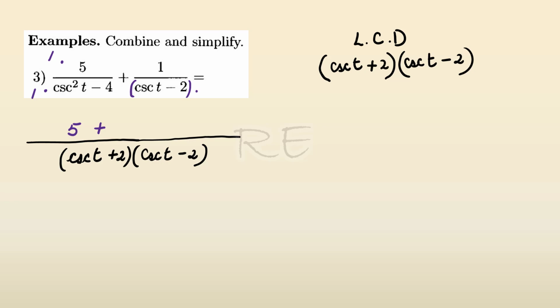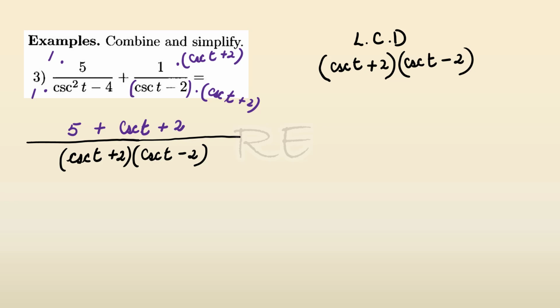The second one, to get the common denominator, we need to multiply by cosecant t plus 2 over cosecant t plus 2. And 1 times cosecant t plus 2 is equal to cosecant t plus 2.